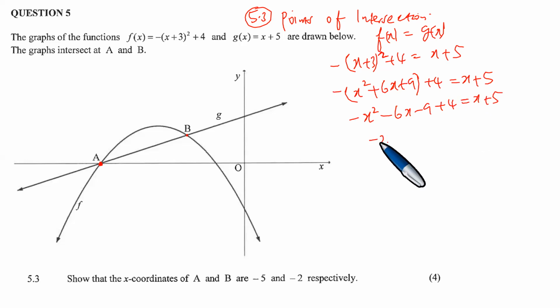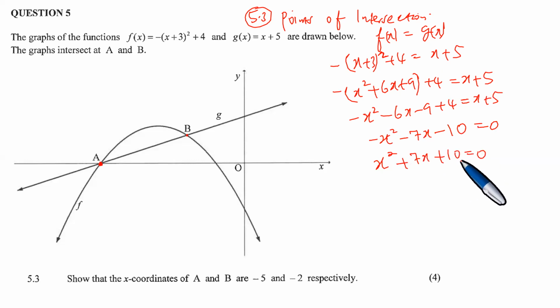So which means you have minus x squared minus 7x. What is minus 9 plus 4? It's actually minus 5. If you transpose the other one, it's going to be minus 5 minus 5. Minus 5 minus 5 is actually minus 10. Divide through by the negative, which gives us x squared plus 7x plus 10 equals 0.